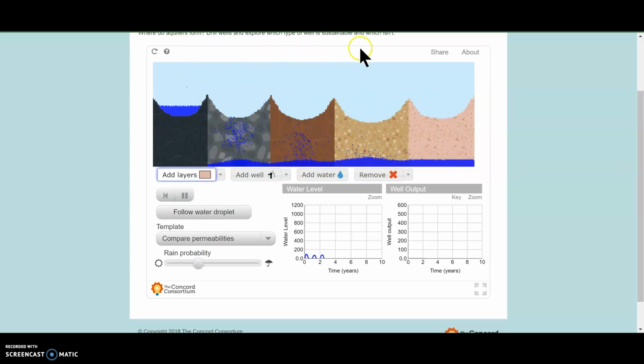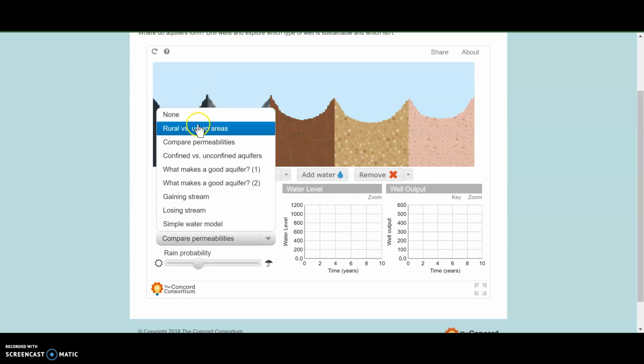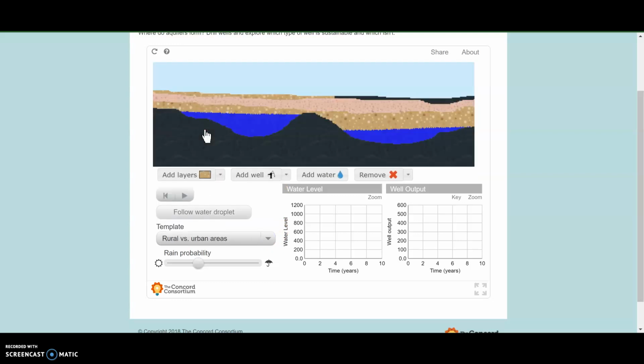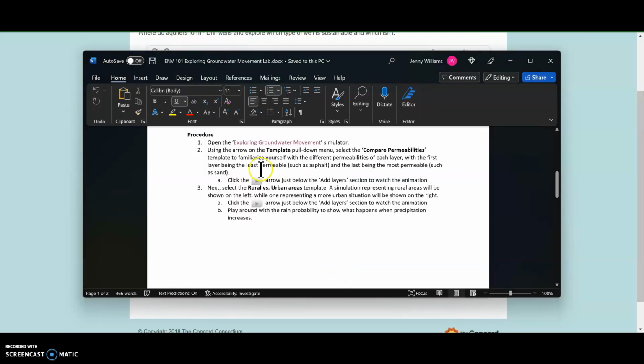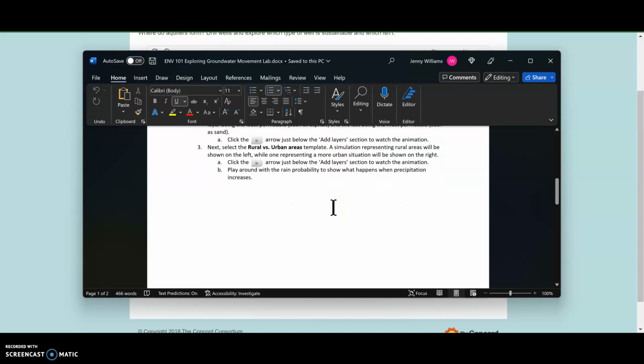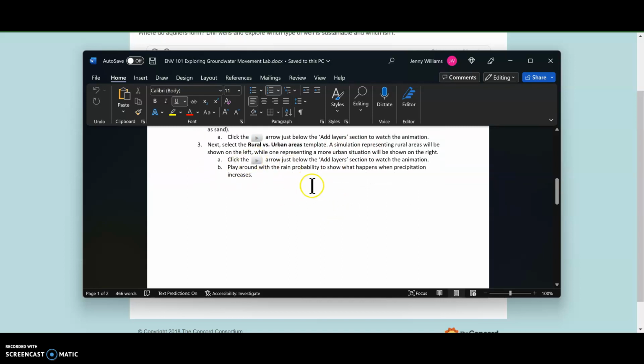Then we're going to hit the back button, and we're going to change the template to the rural versus urban area. And I believe in your instructions, it says the rural area is on the left and urban area is going to be on the right, and we're just going to hit play, and then we're going to play around with rain probability.